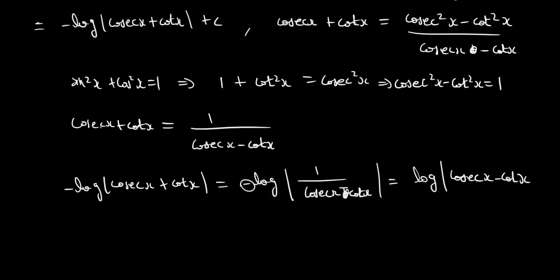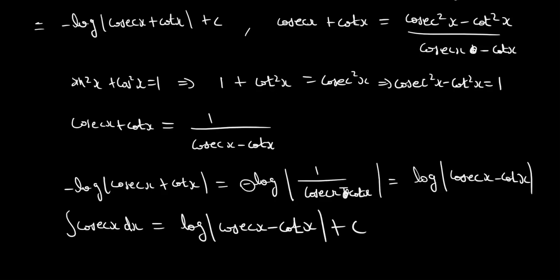Sorry, here it is minus. So the integral of cosec x dx can be alternatively found by this method as log cosec x minus cot x plus c.